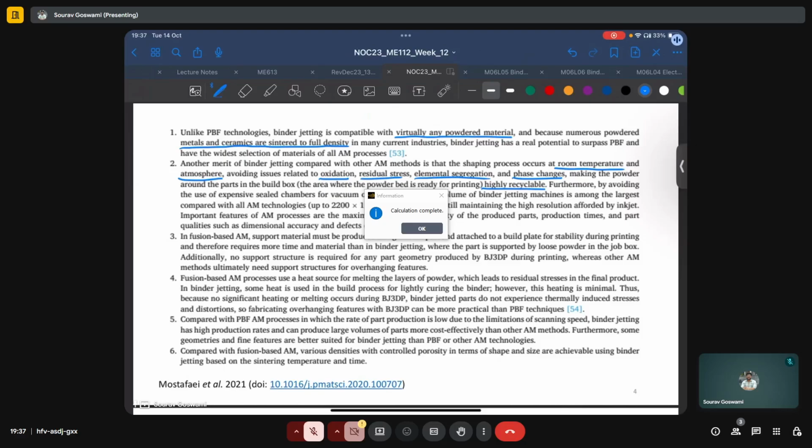Further, by avoiding the use of expensive sealed chambers for vacuum or inerting, the build volume is among the largest compared with all AM technologies, of the order of 2.2 meters by 1.2 meters by 0.6 meters, while still maintaining a very high resolution afforded by inkjet.